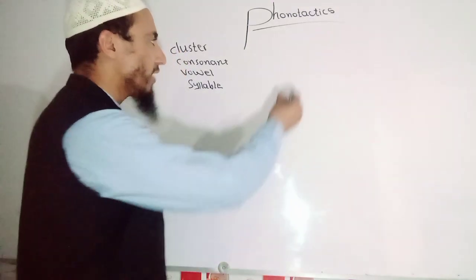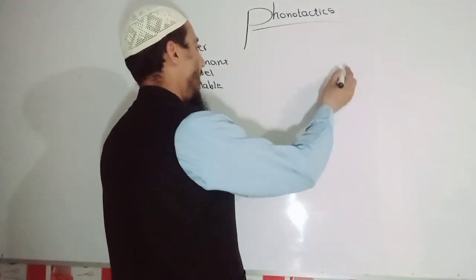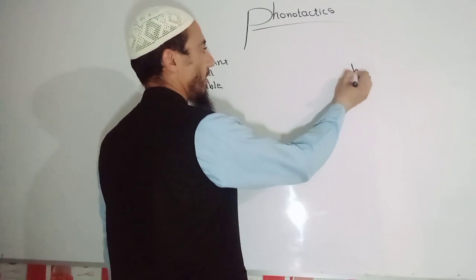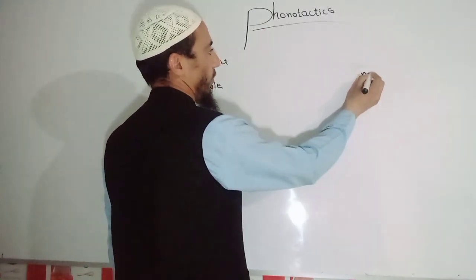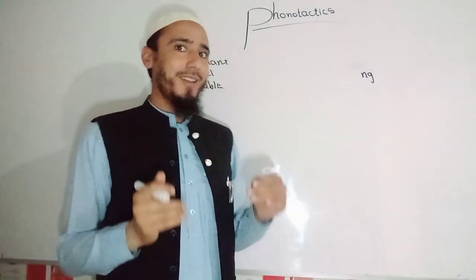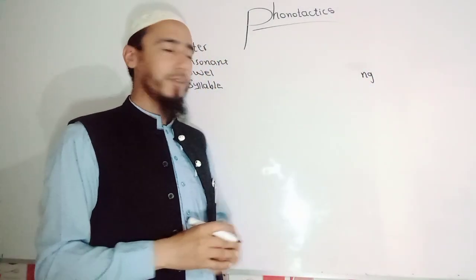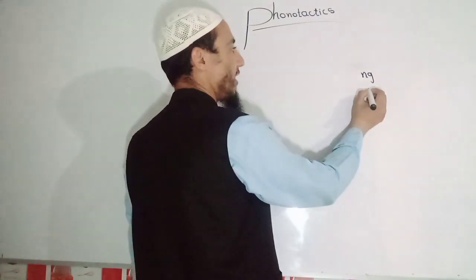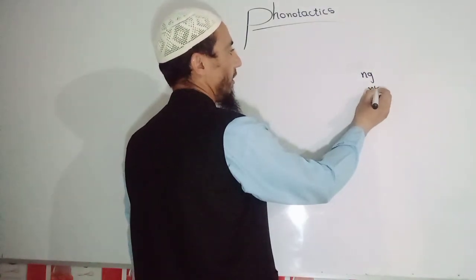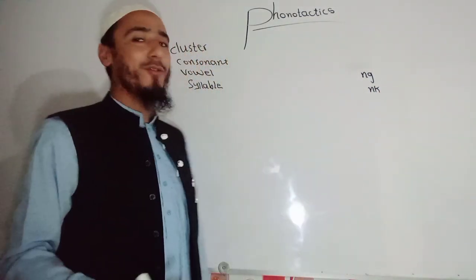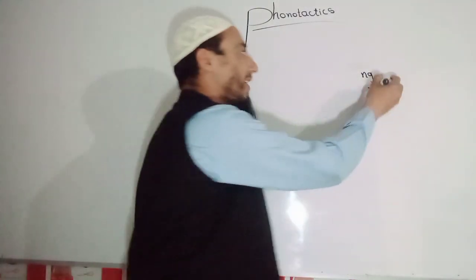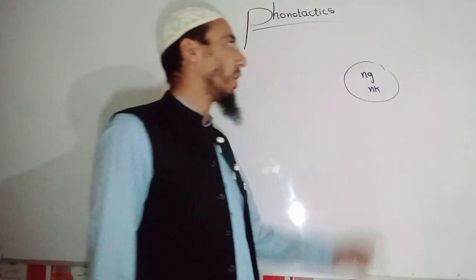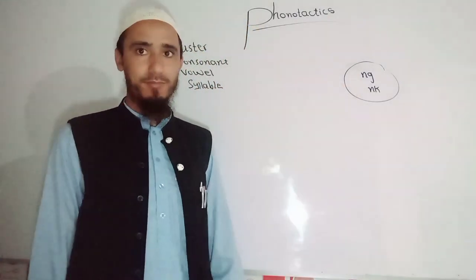So in the English language, for example, a word can end with the ing sound, and it can end with the ang sound. But a word cannot start with the ing or ang sound.